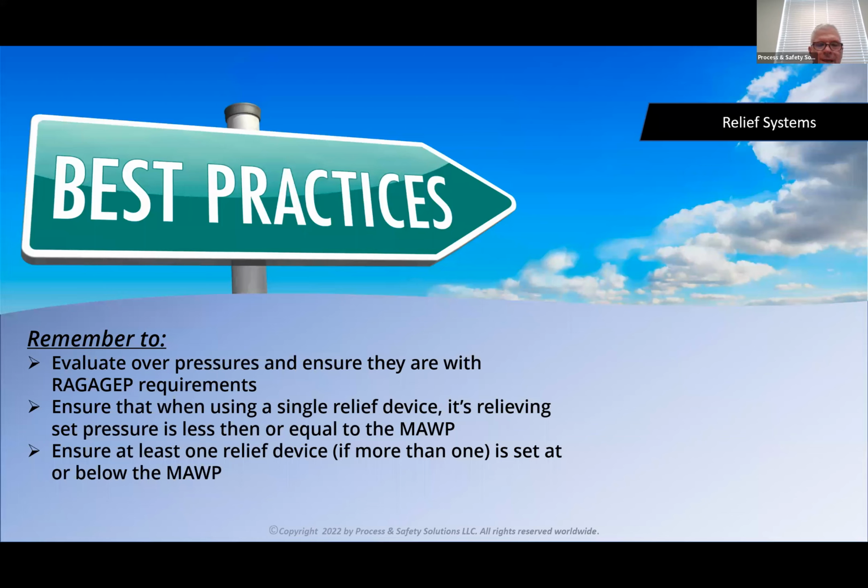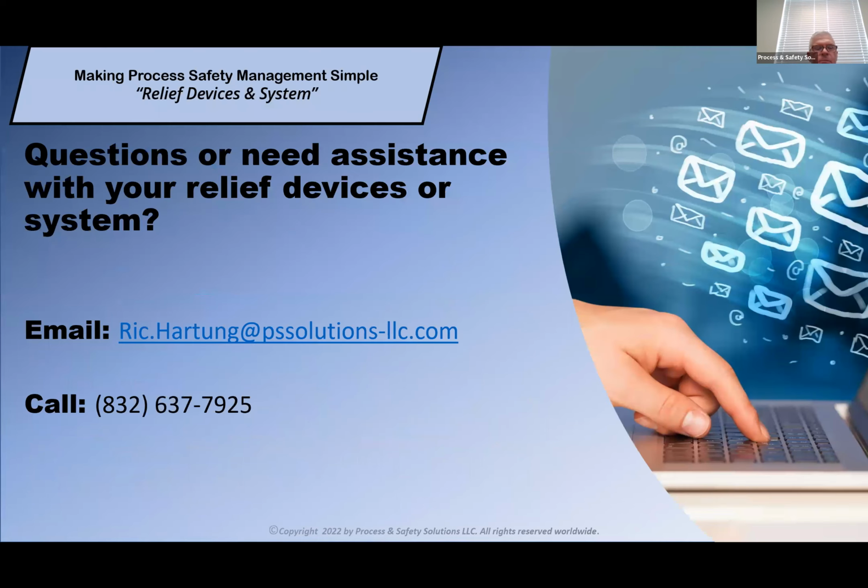Ensure that when using a single relief device, its relieving set pressure is set less than or equal to the MAWP. Ensure that at least one relief device, if more than one, is set at or below the MAWP. So with that, I can take some questions now.